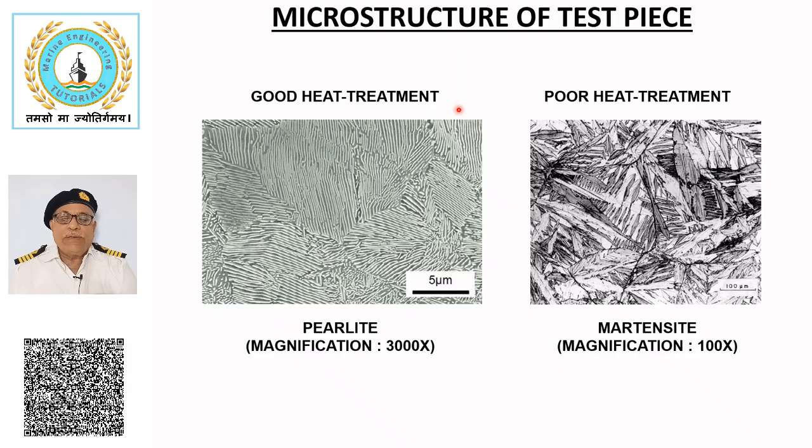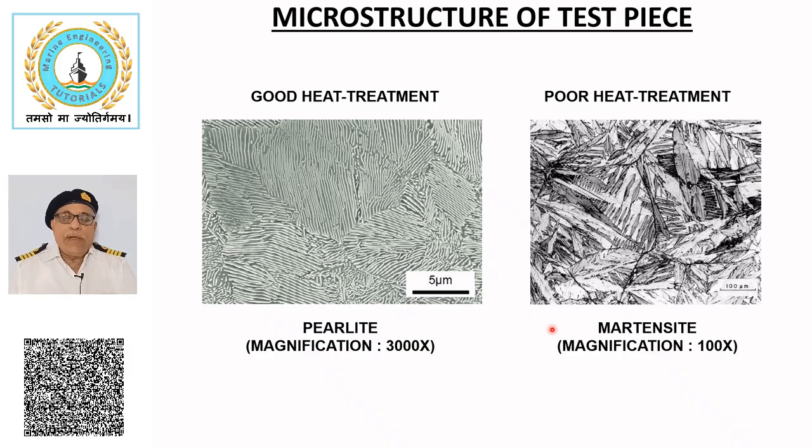Pearlite is a two-phased plate-like structure composed of alternating layers of ferrite and cementite, which occurs in some steels. Pearlite forms under specialized condition of slow cooling. Clear visibility of this structure requires 3000 times magnification.